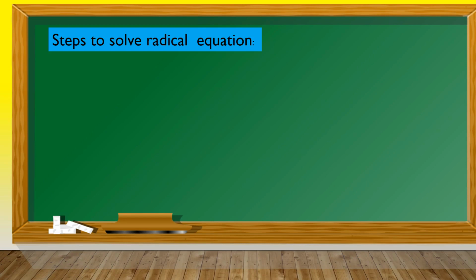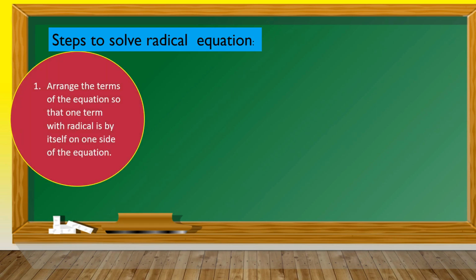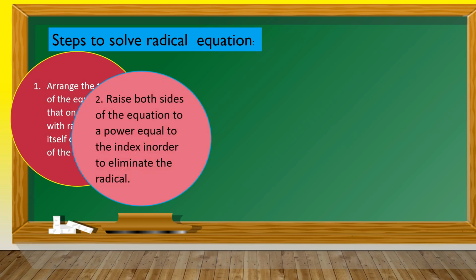Based on the given examples, let us summarize the steps to solve radical equation. First, arrange the terms of the equation so that one term with radical is by itself on one side of the equation. Next, raise both sides of the equation to a power equal to the index in order to eliminate the radical.